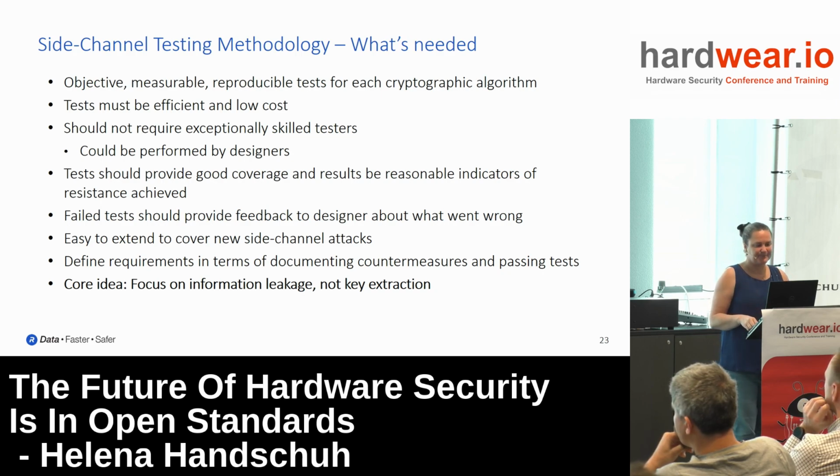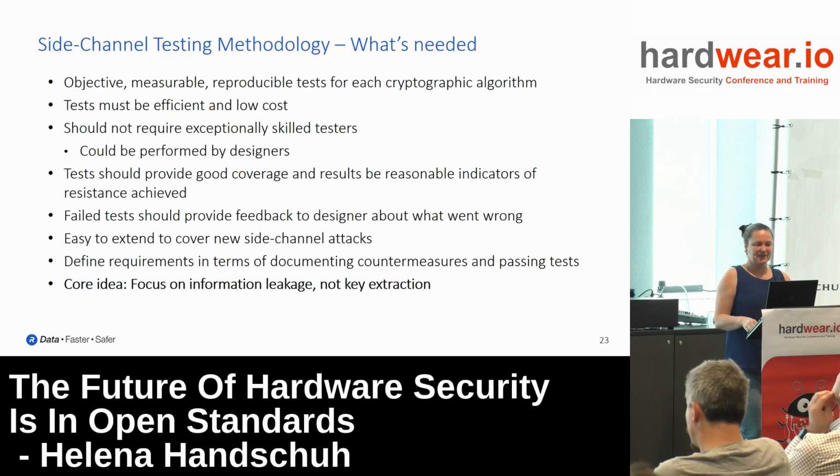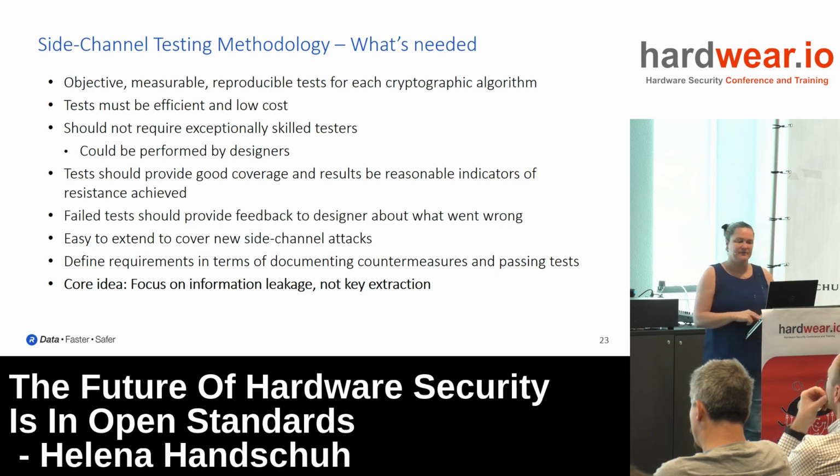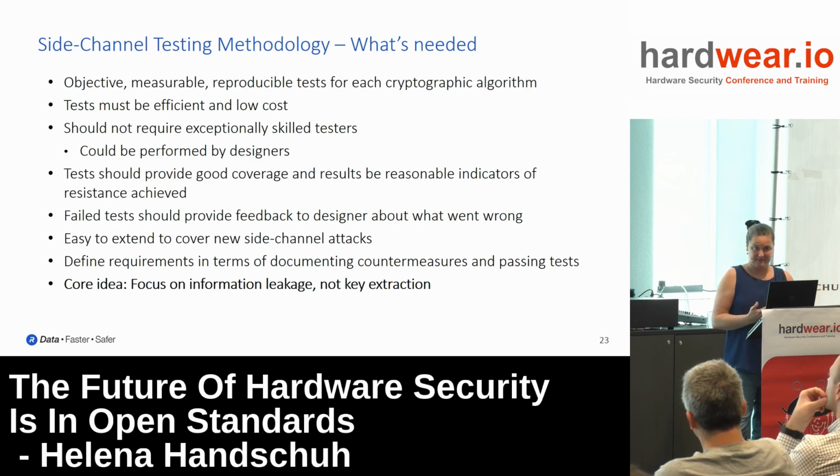How do you do that? So you could perform them at the designer level, which means that you can know upfront that your implementation is hopefully secure. You should have tests with good coverage and results that indicate to you that you've achieved a good level of resistance. You should also have tests that could tell you, when you don't pass, what went wrong. What exactly is the problem?